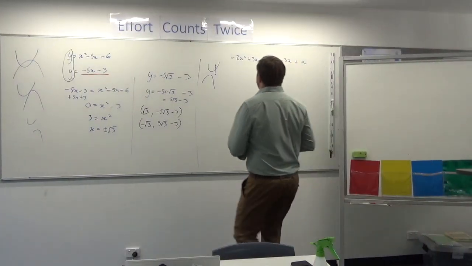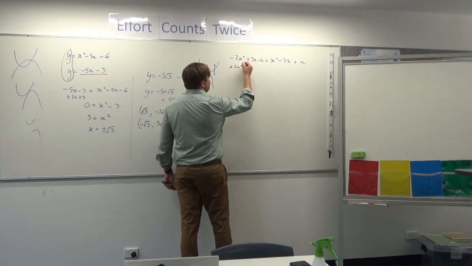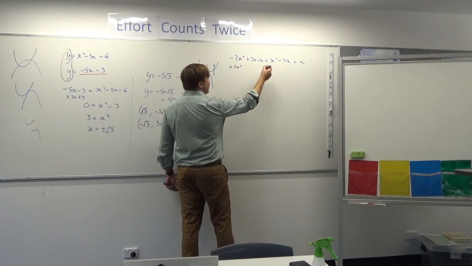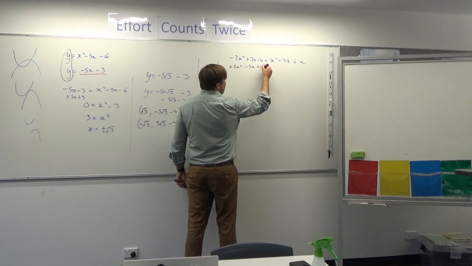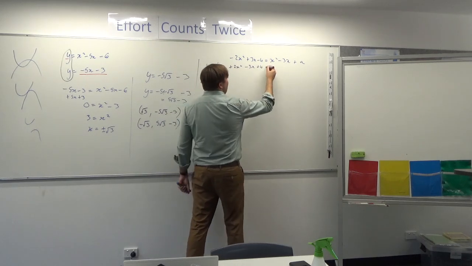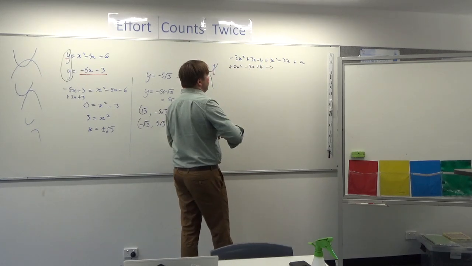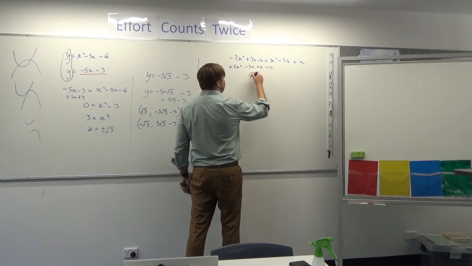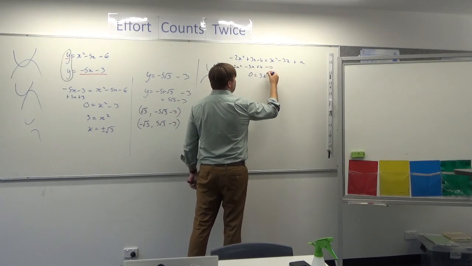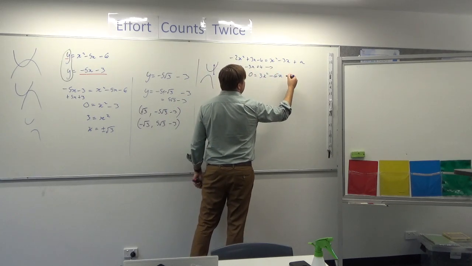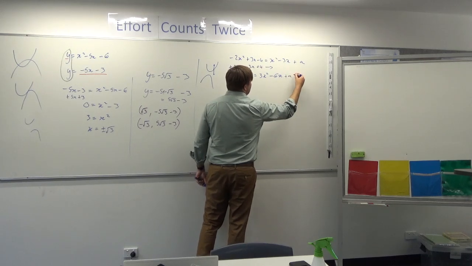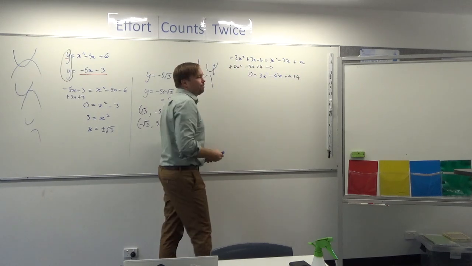So I'm going to add 2x squared to both sides and then ditch everything else from this side as well. And I repeat that over there, and what I get is 0 equals 3x squared minus 6x plus a plus 4.